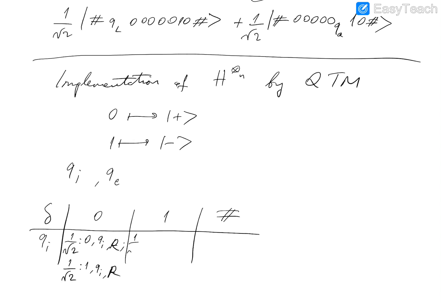So we will have 1 over square root 2, 0, Qi, right, and minus 1 over square root 2, 1, Qi, right. And as soon as we encounter the N marker, then we're done. Right, so this is how we implement an n-qubit Hadamard transform with a quantum Turing machine.